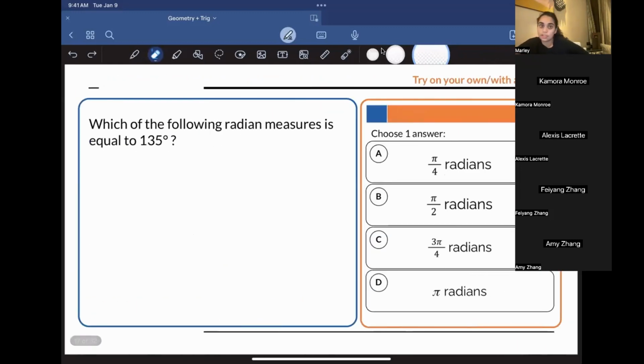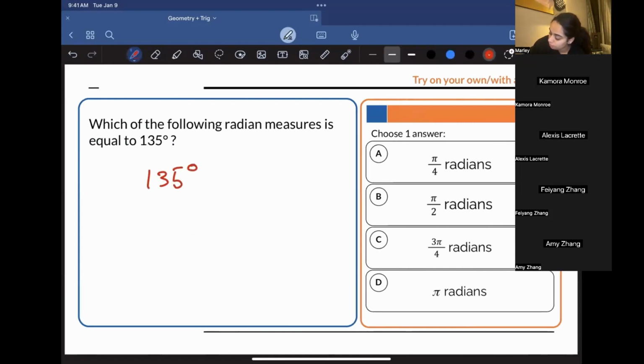For this question, which of the following radian measures equals 135 degrees? We can do 135 over 180 degrees equals X over pi.